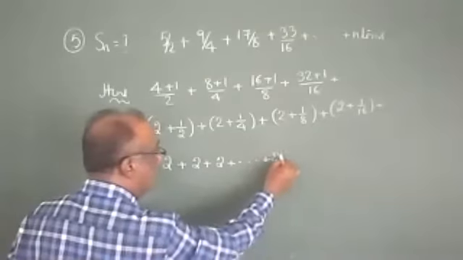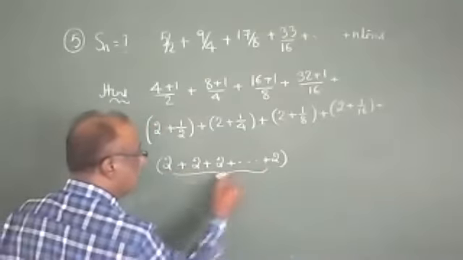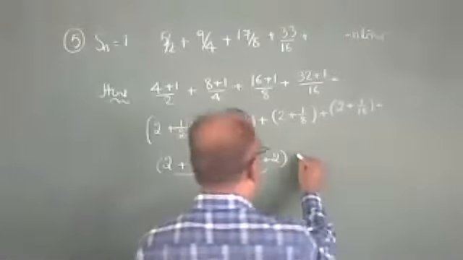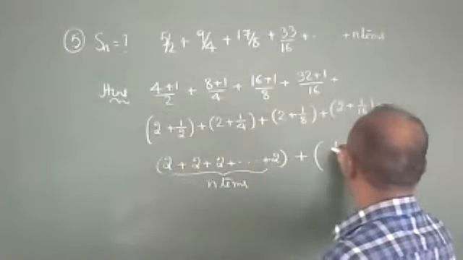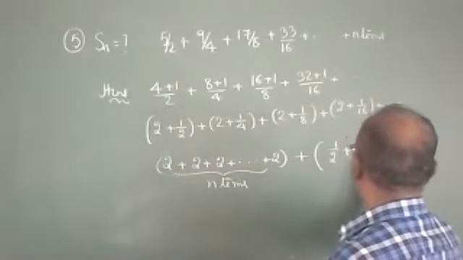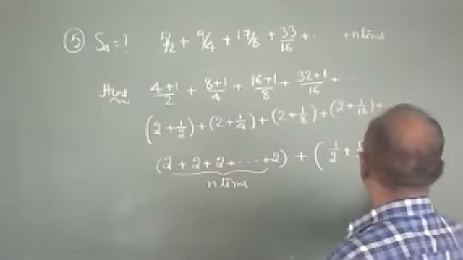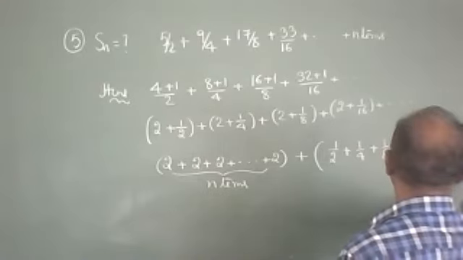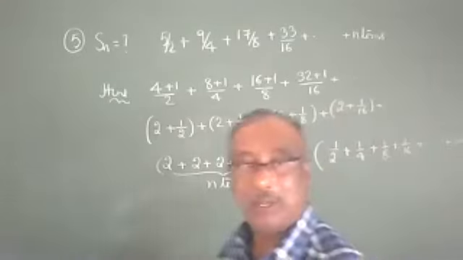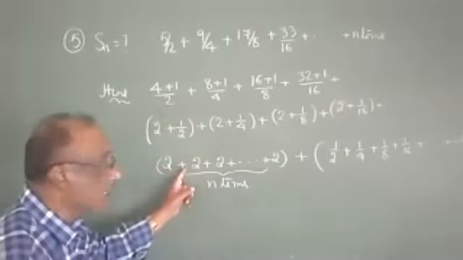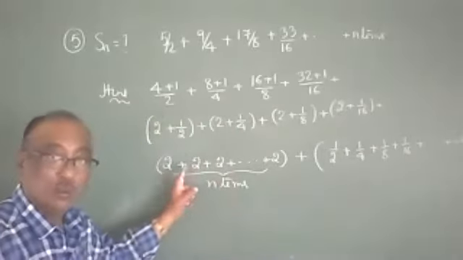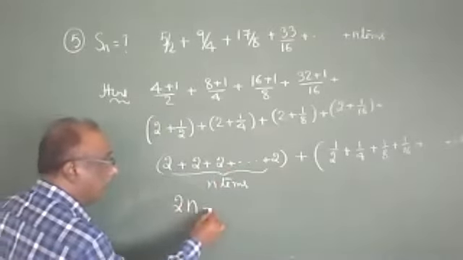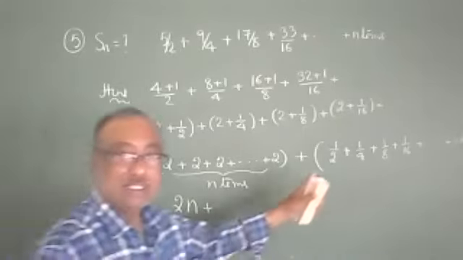One more bracket is 1 by 2 plus 1 by 4 plus 1 by 8 plus 1 by 16 up to n terms. Is it clear? 2 is added n times. Therefore, it will become 2n plus this GP series.